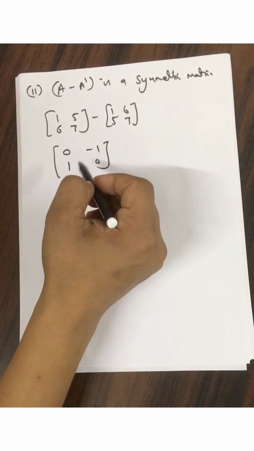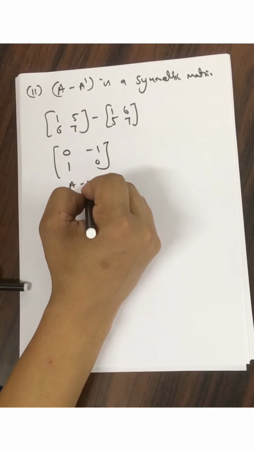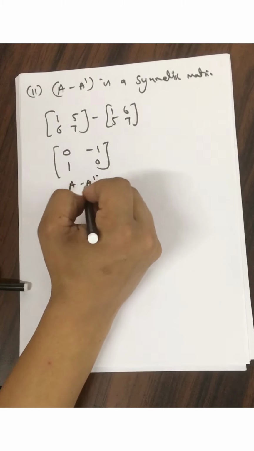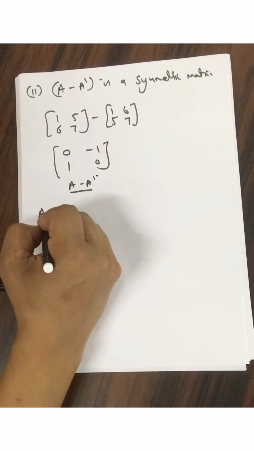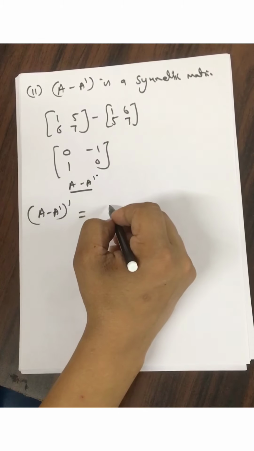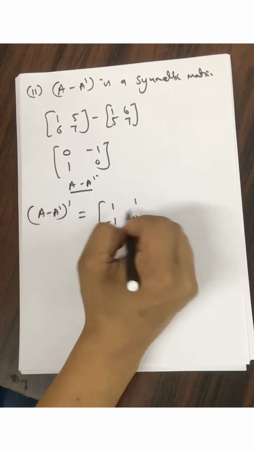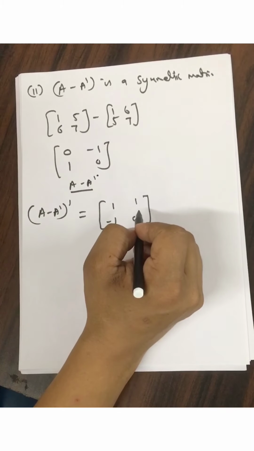Is this coming the same? No, this is A minus A dash. Now let's find the negative of A minus A dash. How much is that? This will be 0, 1, minus 1 and 0. Oh, it's coming different. How is it coming different?